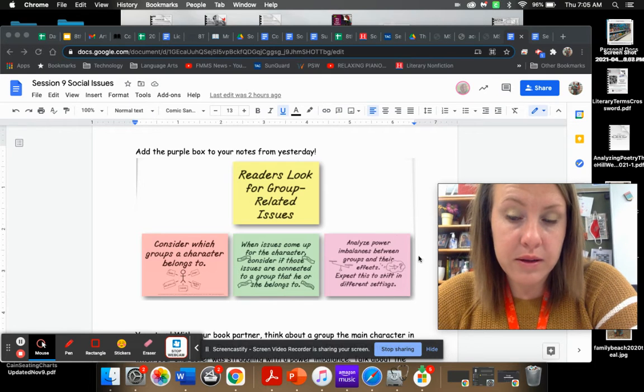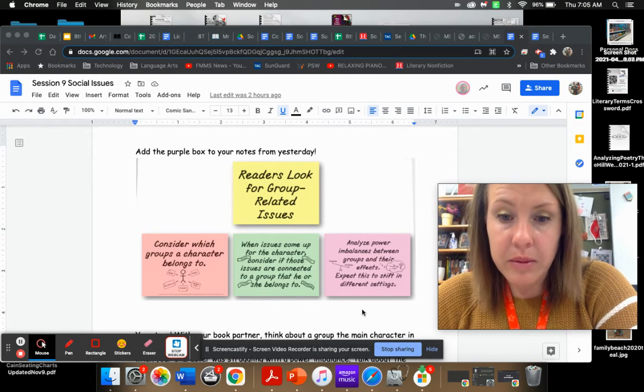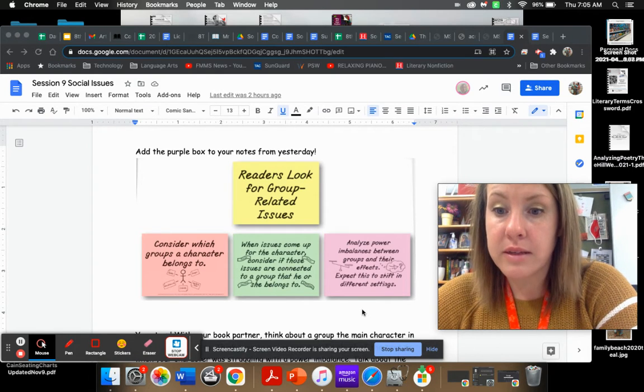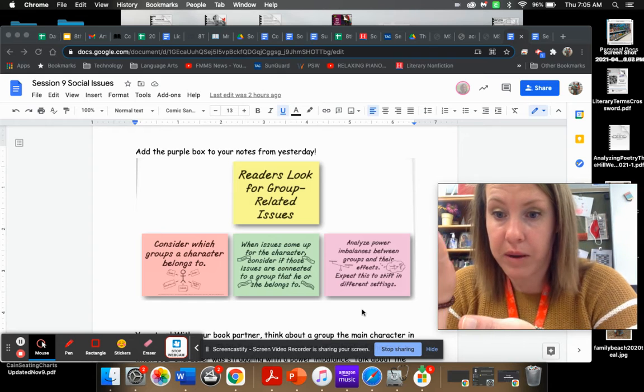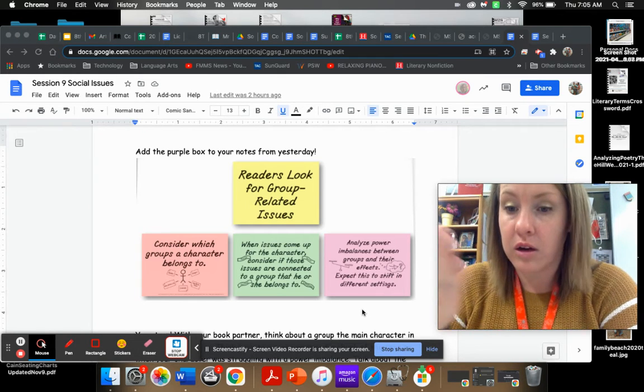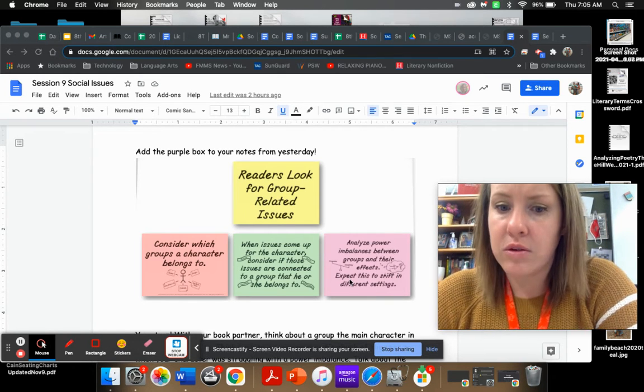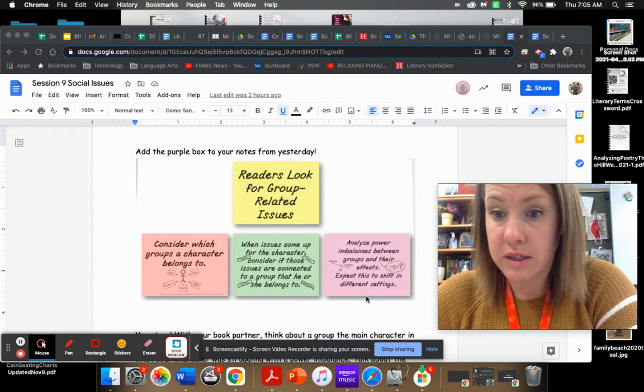And then this last one is what we did today, analyzing power imbalances between groups and their effects, okay? So looking at the power imbalances of, does this group have more power than this group, and how does that affect long-term, short-term, and then be willing to expect this to shift in different settings.